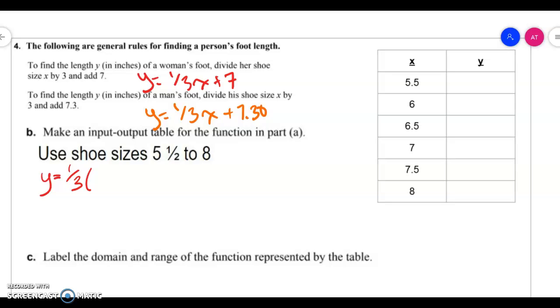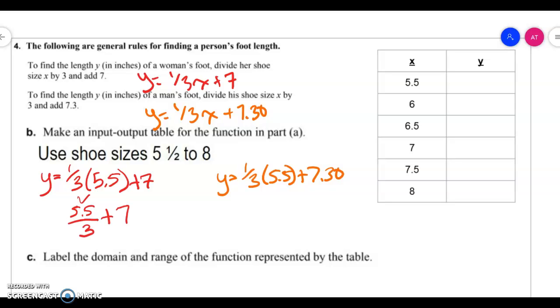So we're going to plug 5.5 in for these. If you have one or the other, you can definitely use a calculator for this, but make sure you don't rely on it too much. So 1/3 times 5.5 is going to give me 5.5 divided by 3, plus 7. I'm going to make these the same denominator so I can add them together.